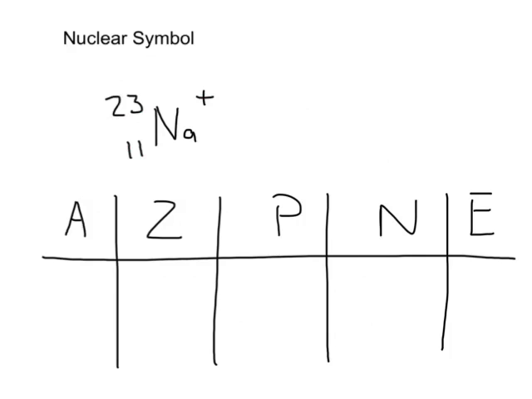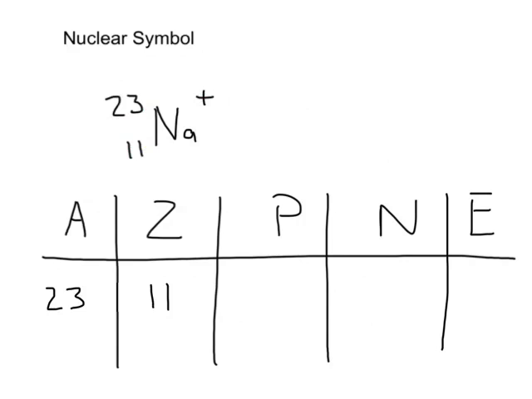So let's start filling out the chart that you will see for all of your nuclear symbol problems in class. It's going to have mass number, abbreviated A, atomic number, abbreviated Z, protons, neutrons, electrons. So let's go ahead and start lifting some numbers off of our nuclear symbol and filling this out. The mass number, the one that is always shown, in this case is 23. My atomic number is 11. If this was not shown, I would have to look up element Na, which is sodium, on my periodic table and get it there.